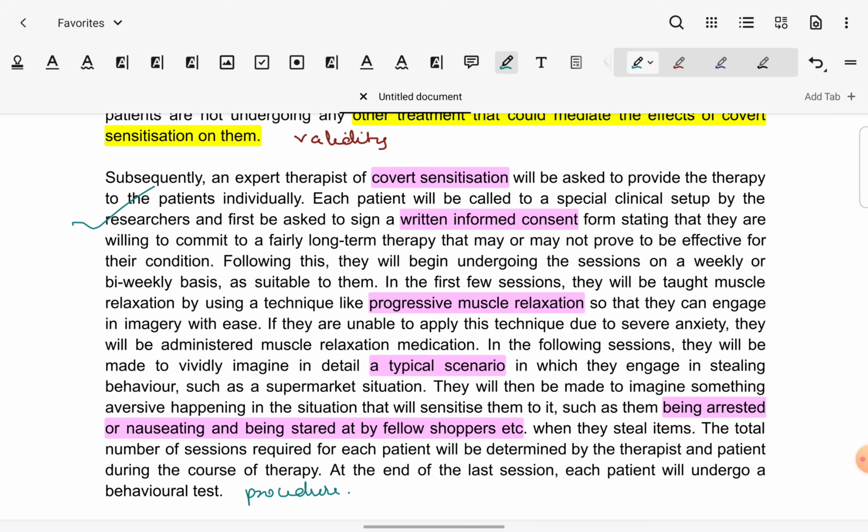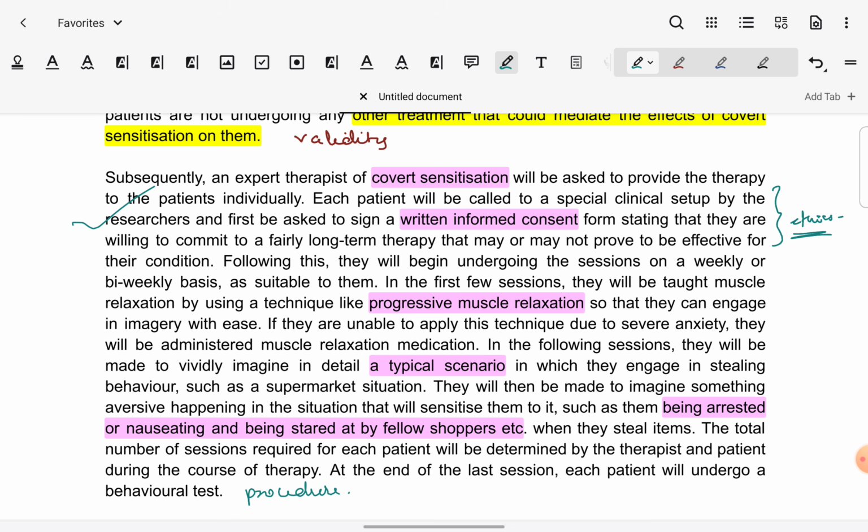Only one more thing that you need to note here is, in the procedure itself, I have included a part about ethics. Ethics is also compulsory to be included in the study. We need to point out where we are following ethical guidelines. So because I have followed written informed consent, I have introduced it in my procedure.